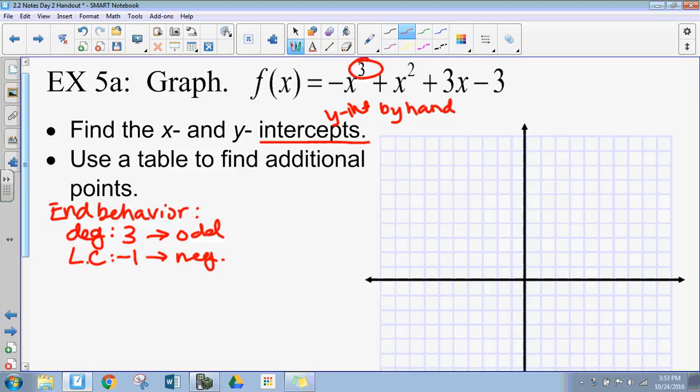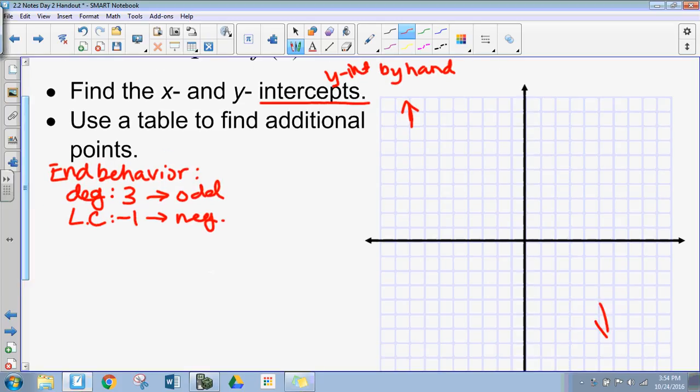Okay, so we're an odd function or an odd degree. And so if you go to the line y equals -x, you're going to have the end behavior where you're going up and to the left and down and to the right.